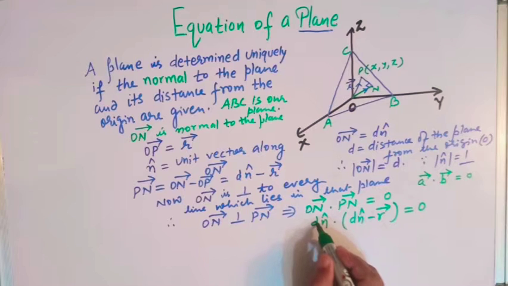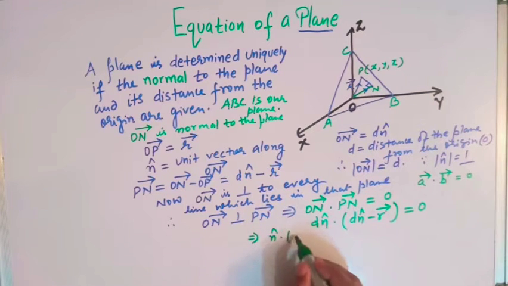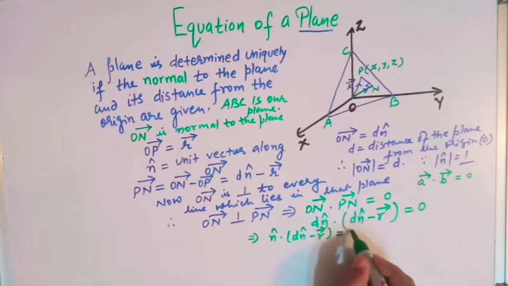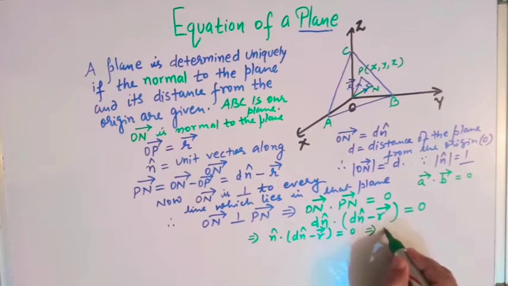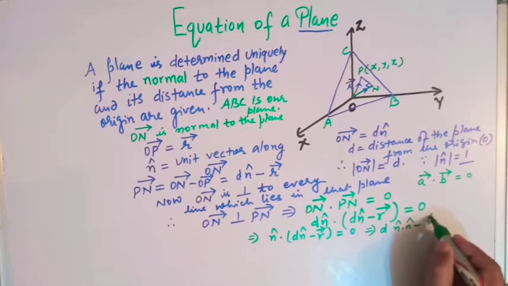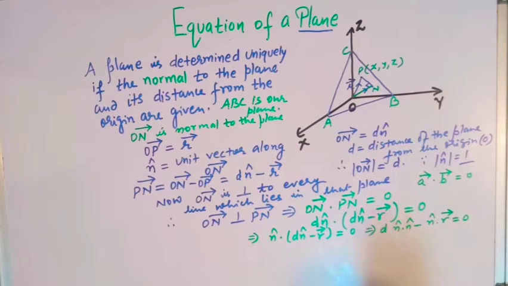Now since d is a scalar, this vector equation becomes n cap dot (d n cap minus vector r) is equal to 0, right? Now if we take the dot product of these two vectors, we get d times n cap dot n cap minus n cap dot vector r is equal to 0.